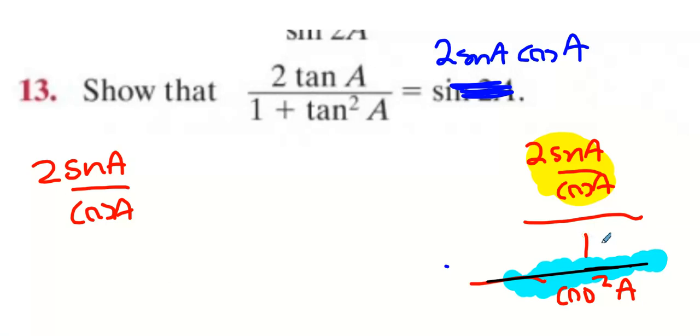Now turn it upside down. Now, cos A, what does it do? And what's left over? Cos A. And that's what we're looking for? Yeah. Happy days. Very difficult though, wasn't it?